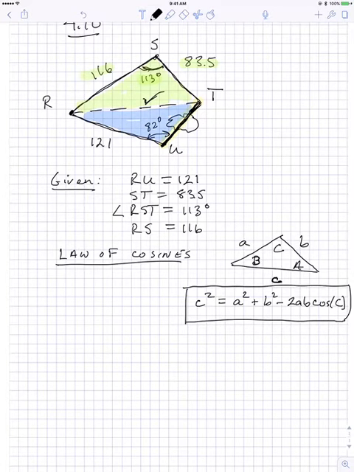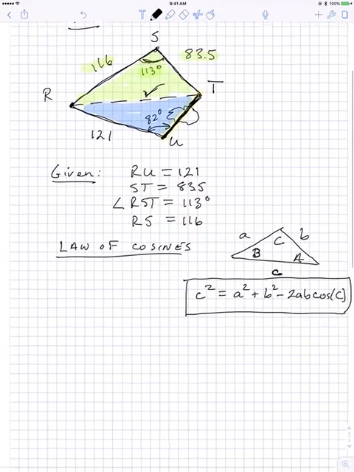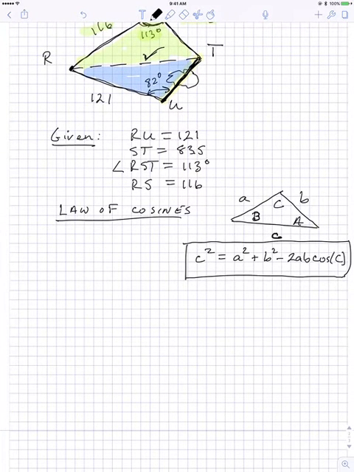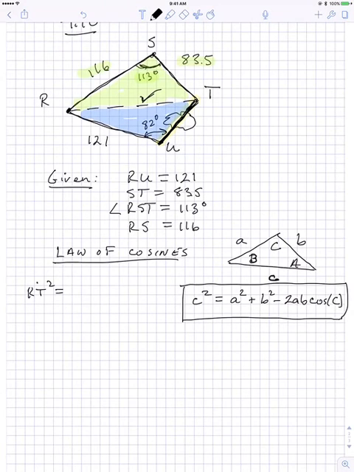So that lets us write all this down, and so we can say that RT squared, I'm sorry, RT is the role of C, the long side.